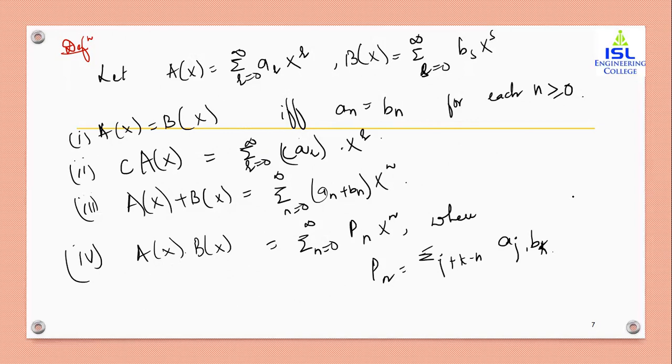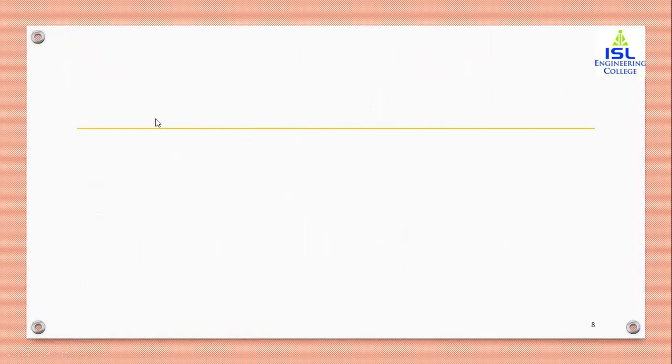Now over here, for the last multiplication, I'll try to give an example. Suppose we have a of x given as a naught plus a3 x cube plus a4 x power 4 plus a8 x power 8.